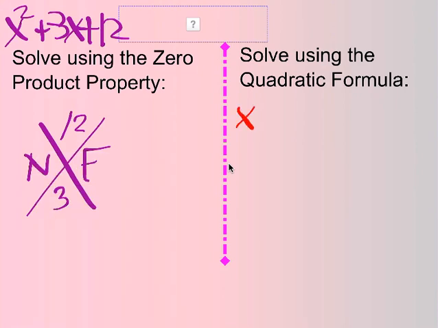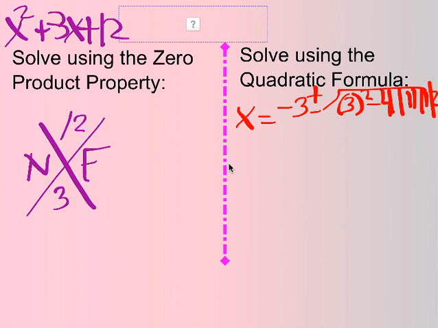So I get that x is equal to the opposite of b plus or minus the square root of b squared minus 4 times my a, which is 1, times c, which is 12. Then we're going to take that and divide it by 2 times 1. So again, I'm going to do what's underneath the radical first.